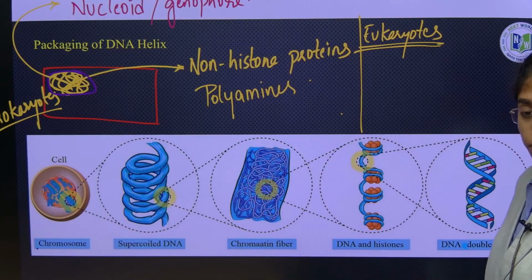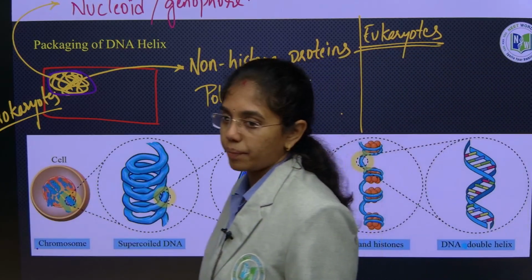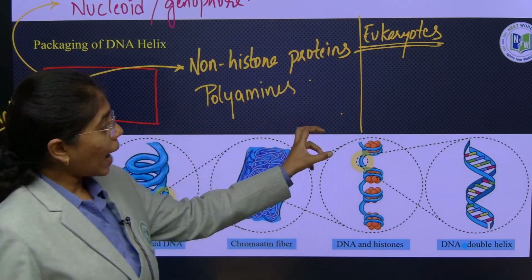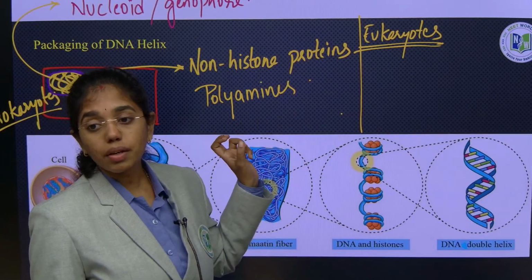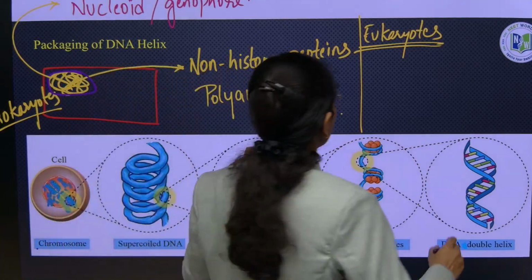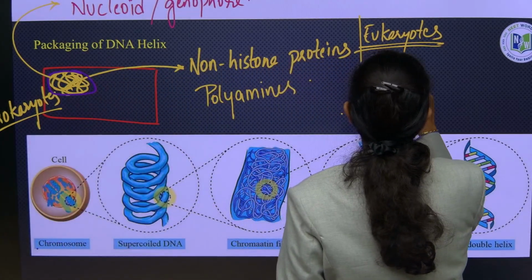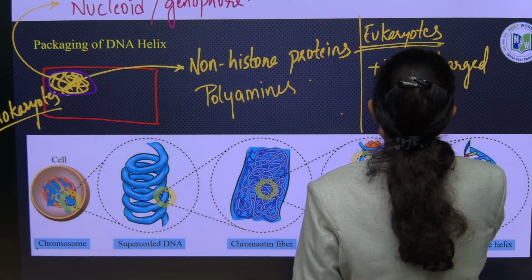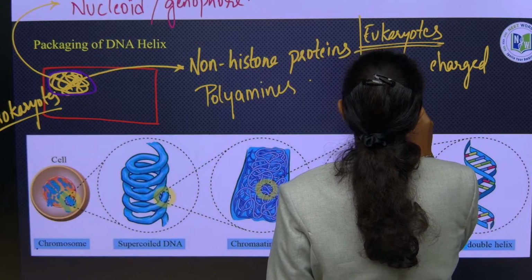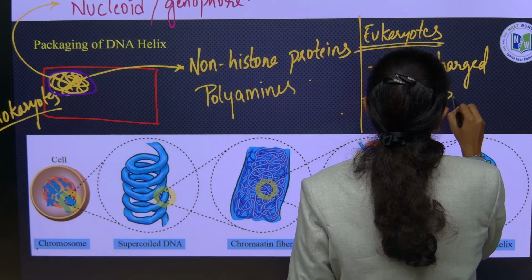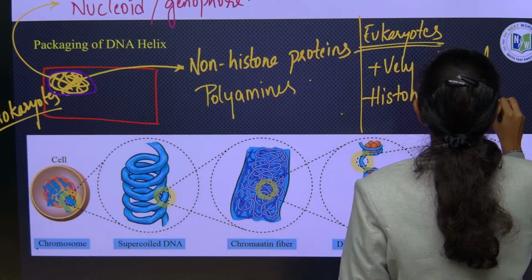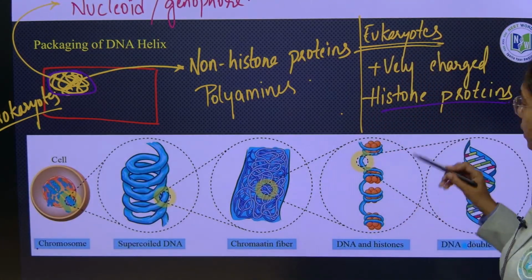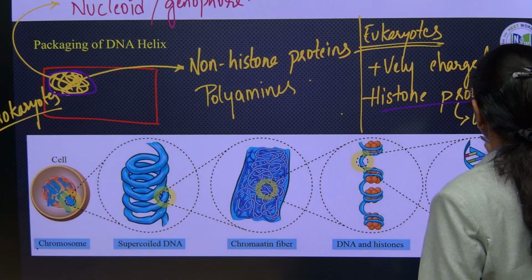In eukaryotes it is double stranded linear DNA, wherein the negatively charged DNA is attached or aligned with the positively charged histone proteins. Histone proteins are positively charged because they have basic amino acids like lysine and arginine.